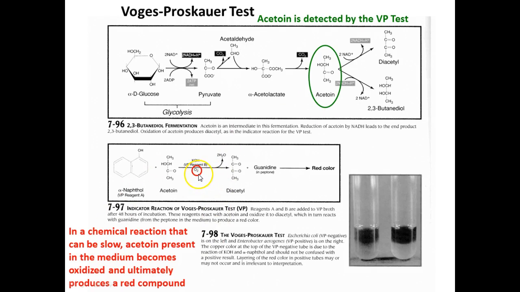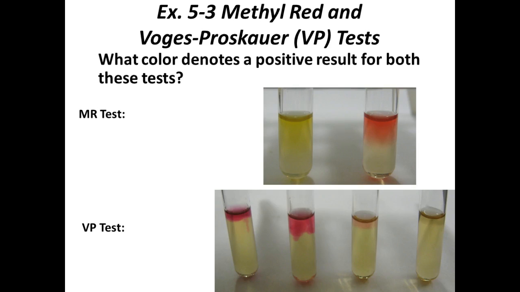So acetoin is what we're detecting. And remember, when we added the second reagent, I said really flick your tubes. And the reason for that is we needed to add oxygen into the liquid for this reaction to proceed. So notice oxygen is part of the equation. So that's the ingredient that we're detecting? Acetoin, yeah. So for both the VP and methyl red tests, what is positive?